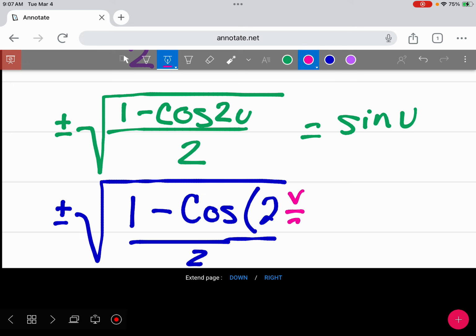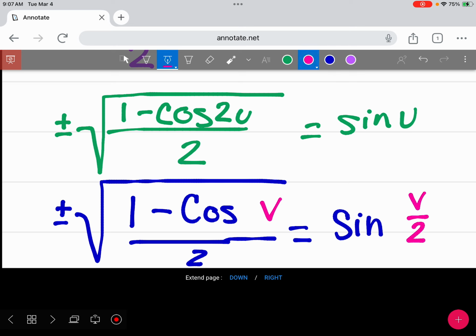What's going to happen if I do v over 2 times 2? Those 2's cancel out, so we'll just have that v in here. And that's going to equal sine of v over 2.